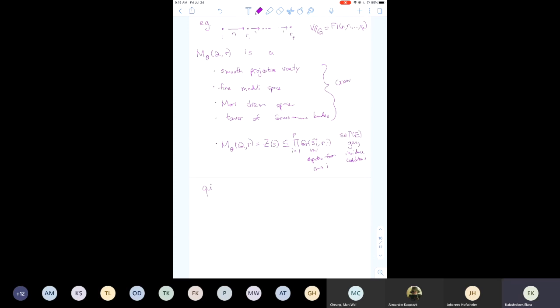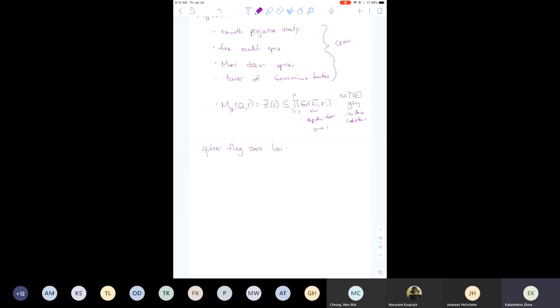And so the actual Fano varieties that we're interested in are not quiver flag varieties so much as quiver flag zero loci. So these are subvarieties cut out by sections of representation theoretic vector bundles.